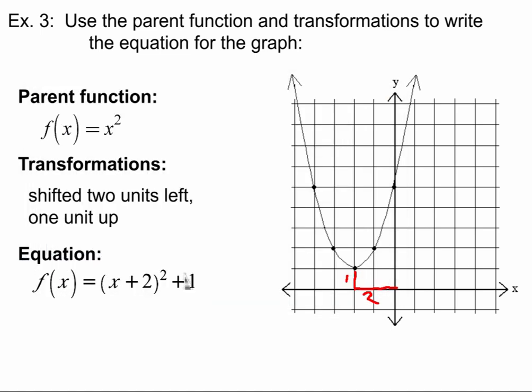So inside my parentheses, moving to the left, is x plus 2 squared, because this is our parent function, and then plus 1, because this is being shifted 1 unit up. So that's all we need to do to write our equation: just look at this, recognize the parent function, recognize the transformation, and use those to write the equation.